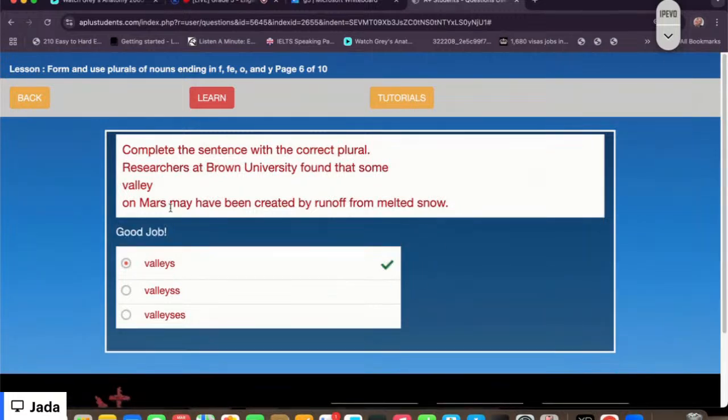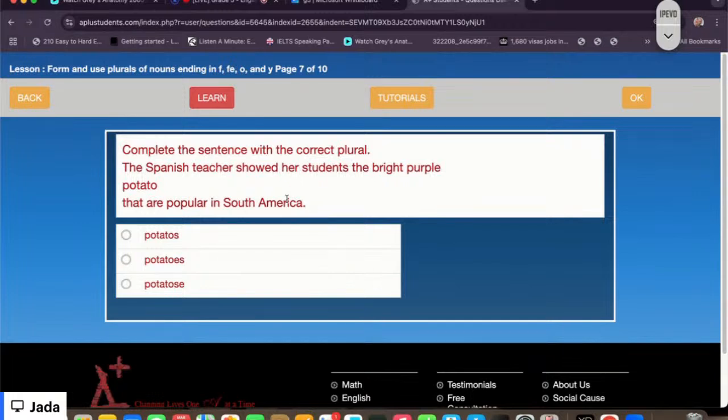Okay. So we have Spanish. The Spanish teacher showed her students the bright purple potatoes that are popular in South America. So what's the answer here?